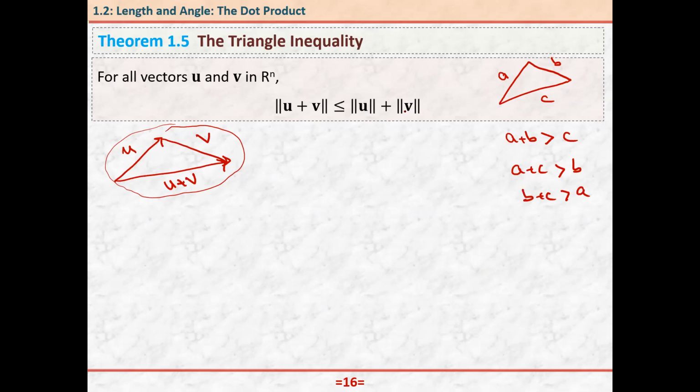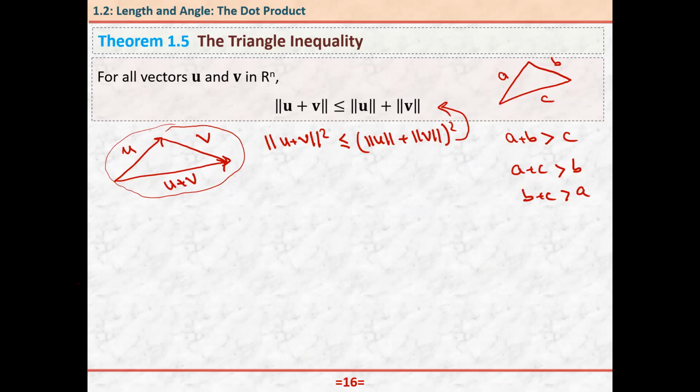So if I can prove that the norm of U plus V squared is less than or equal to the square of the sum of the norm of U and the norm of V, then I will have proved this inequality. Because both sides are non-negative, if you square both sides, it does not affect the solution of this inequality. It will produce an equivalent inequality.